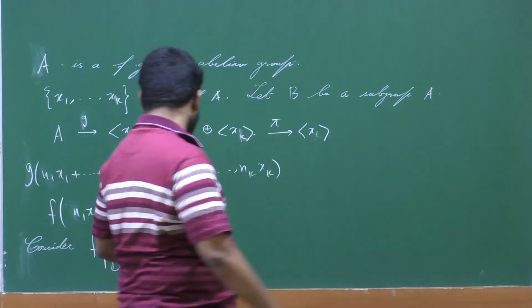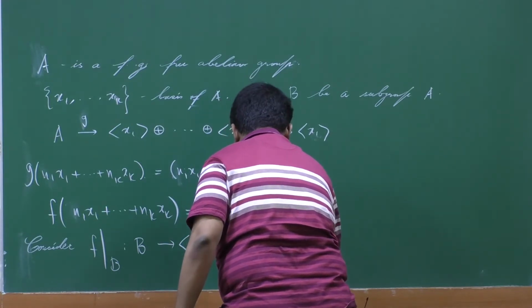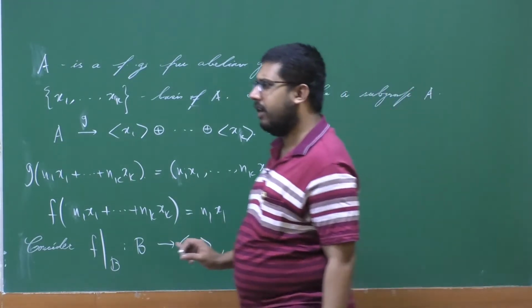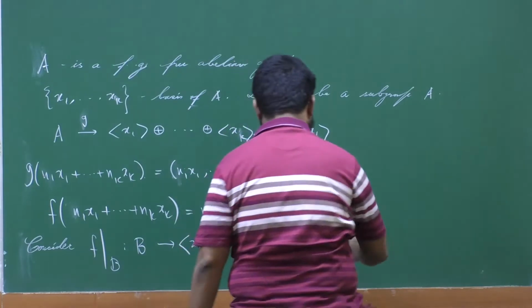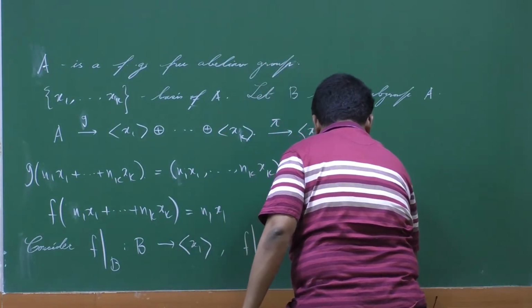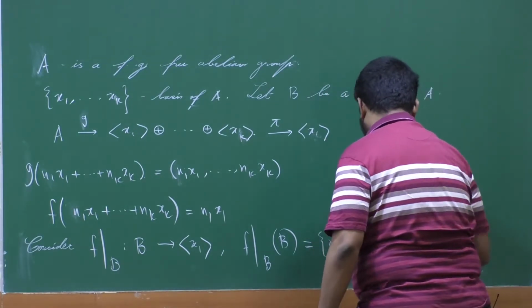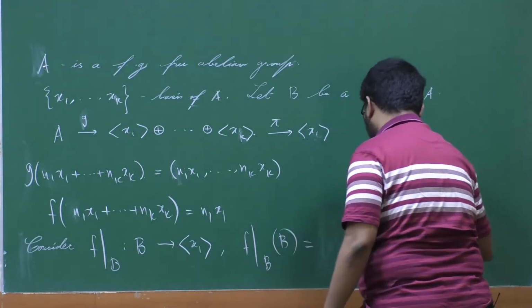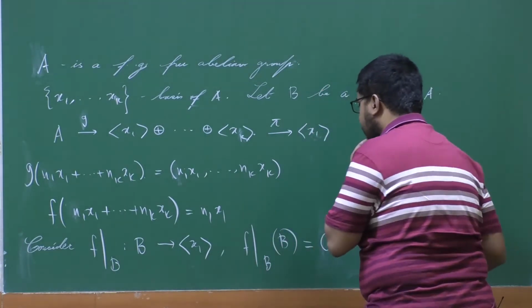However, the image of B is inside Z. So the image is either trivial or some infinite cyclic subgroup of Z. So let this be C, where C is a cyclic subgroup.